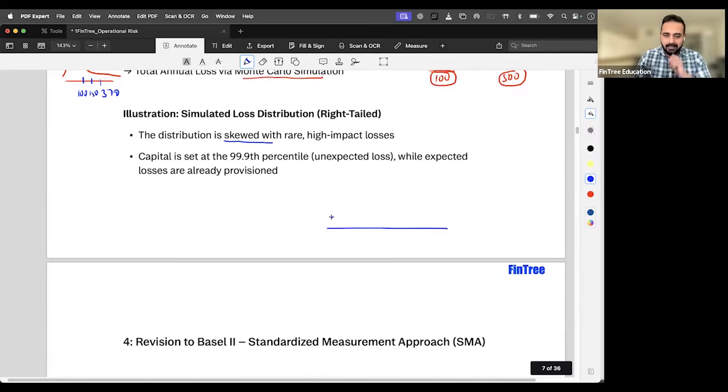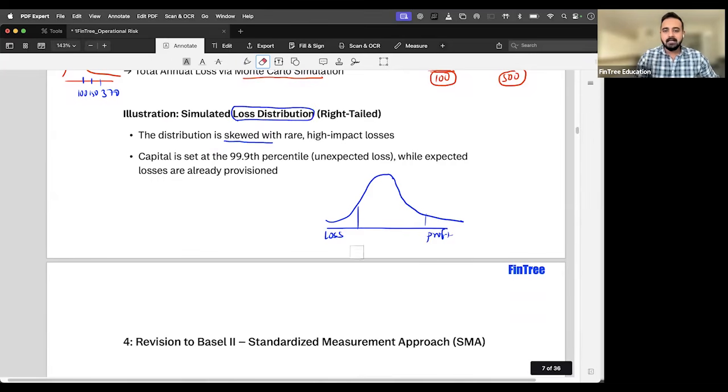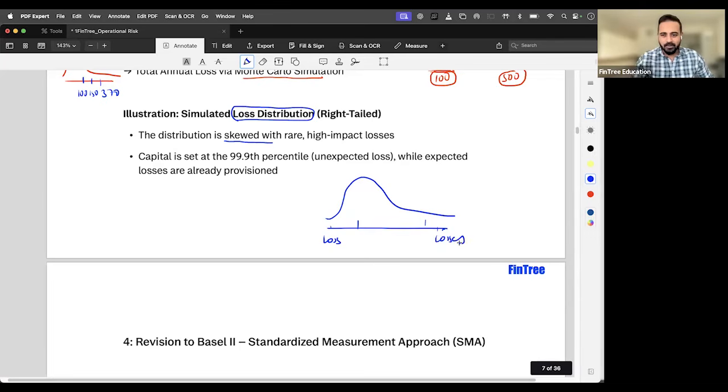Now, generally, most of the FRM students know that typically on the left hand side of any distribution we have a loss, on the right hand side of any distribution we have a profit. But that is not true for a loss distribution. Why is that? Because under loss distribution, which is similar looking distribution, maybe a little right skewed, the distribution is all about losses, doesn't include any profits.